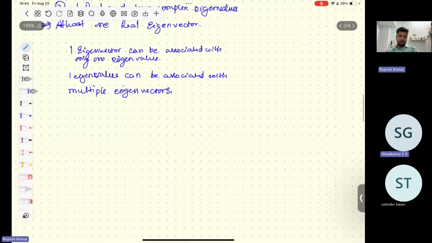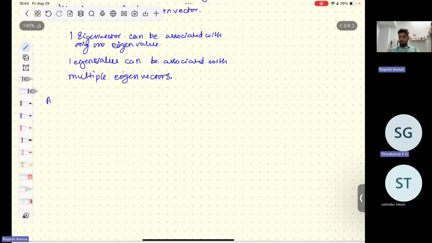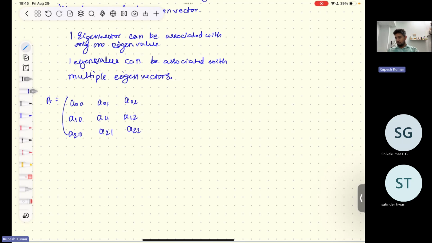So let's consider the case for 3 cross 3 matrices. Let's say I am defining my matrix A as A00, A01, A02, A10, A11, A12, A20, A21, A22.